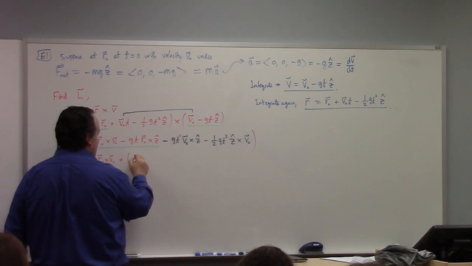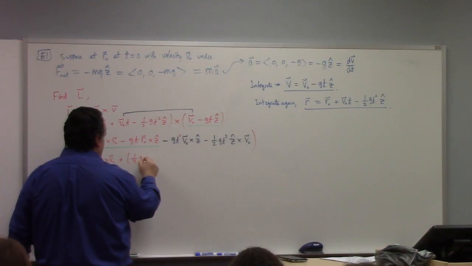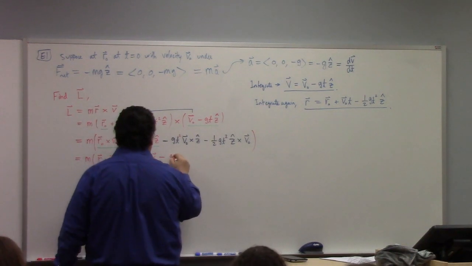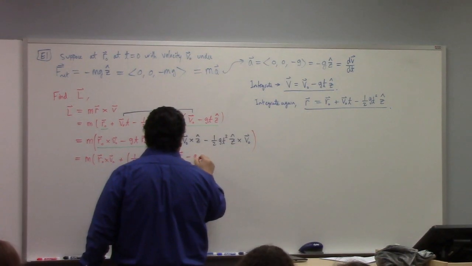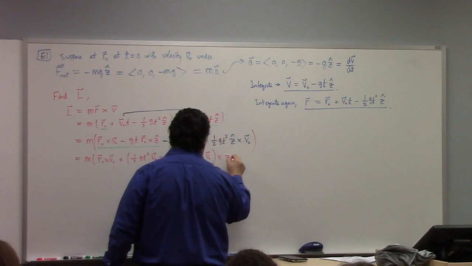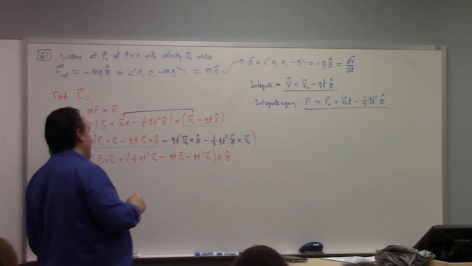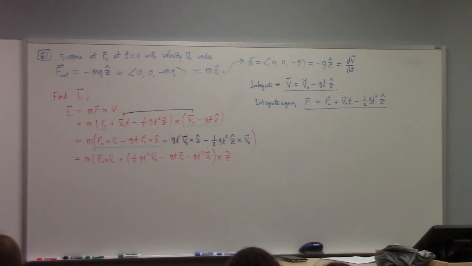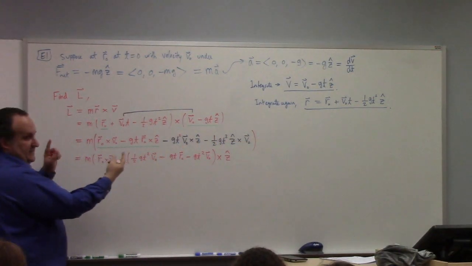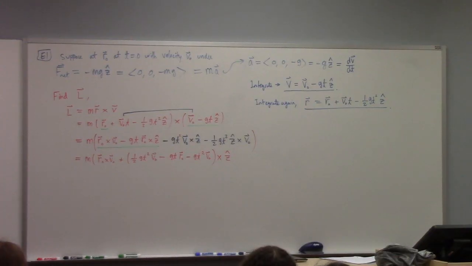Plus, I'm going to use a plus, 1/2 g t squared v naught minus g t r naught minus g t squared v naught all cross z hat. So what I did there, I wanted to factor out a z hat because I can. But you notice here on the last term, I had to flip the order of the v naught and the z hat, so that's why I got a plus on that first term, right?